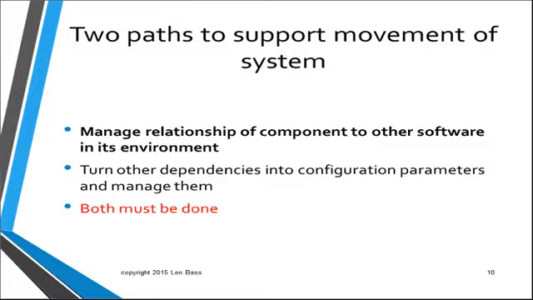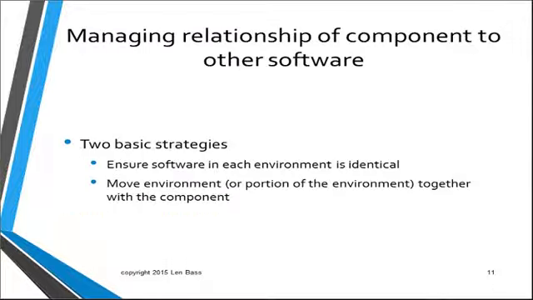So there are two paths to support the movement of the system from one environment to another. One is to manage the relationship of components to the other software in its environment, and the other is to turn dependencies into configuration parameters and manage them. You have to do both of these. So first we'll talk about managing the relationship of a component.